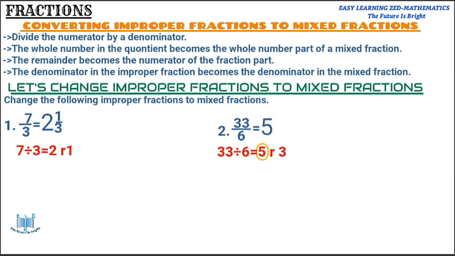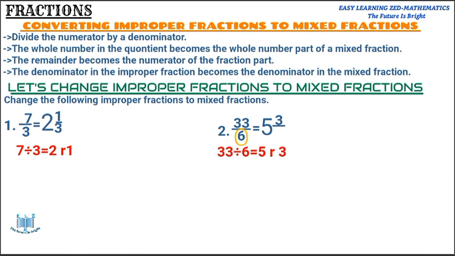Then we're going to pick this 3 to make it a numerator, because the instruction is the remainder becomes the what? The numerator of the fraction part. So 3 will become the numerator, then over, we're going to get 6, the same denominator in the improper fraction will become the denominator in the mixed fraction.